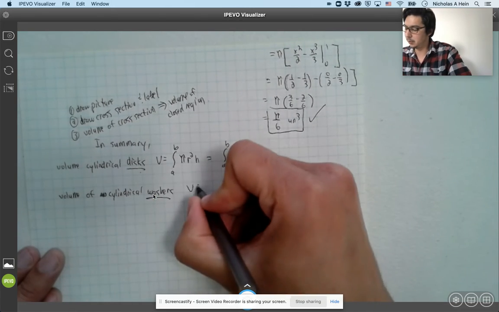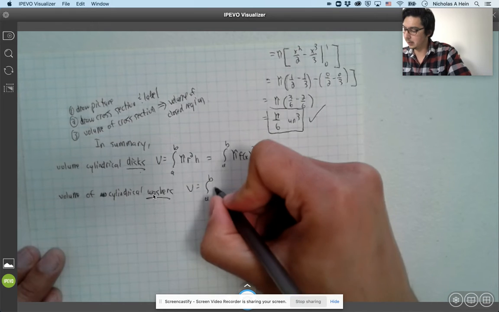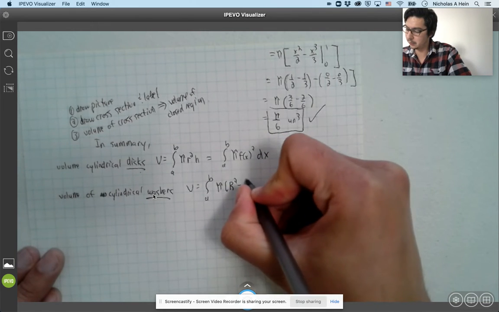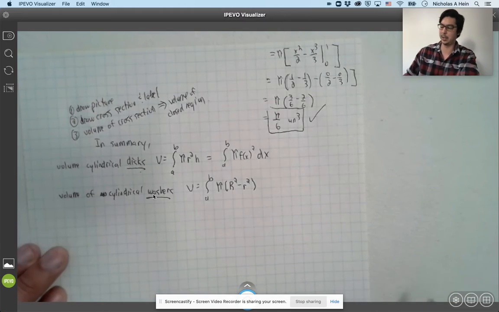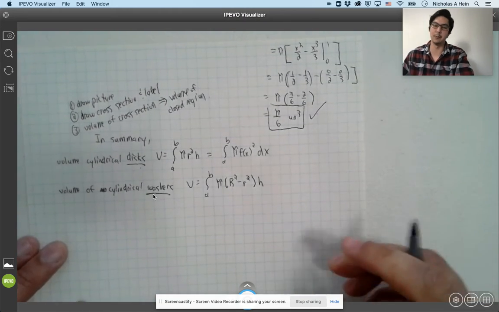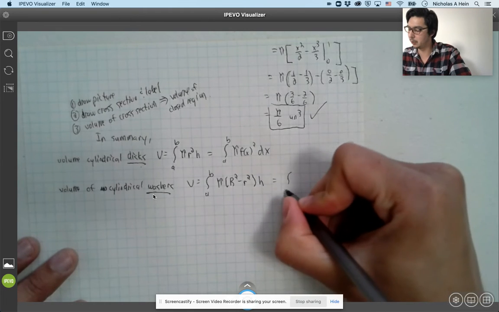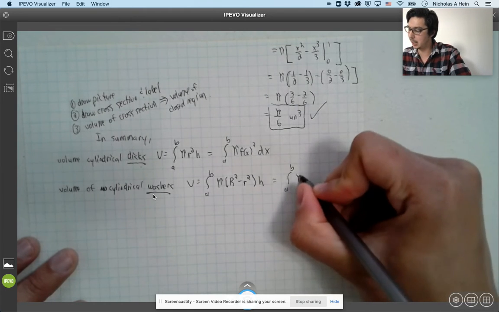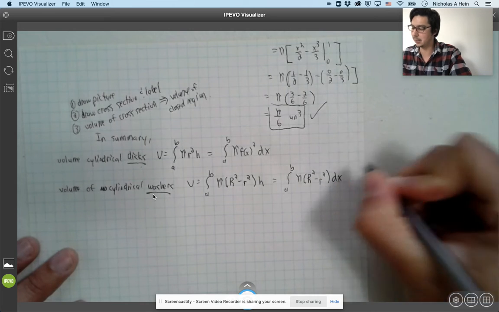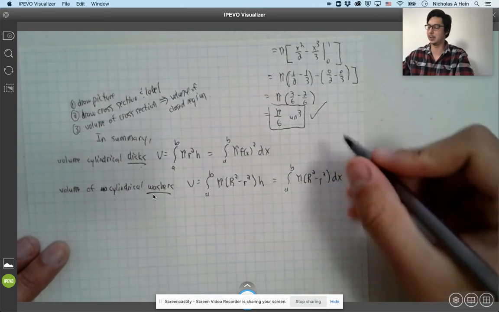It would be the volume equals the integral from a to b of pi times your outer radius squared minus your inner radius squared, because that makes up your radius, times the height of that washer. Now clean that up a bit. It would be the integral from a to b of pi times R squared minus little r squared dx, typically, if it's rotating about the x-axis.